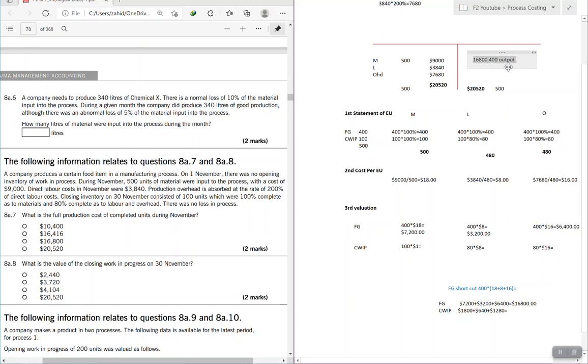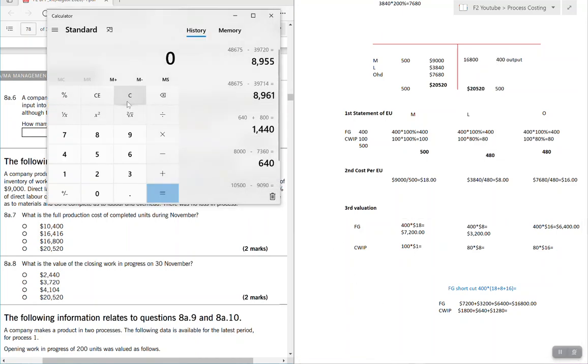So that means remaining would be the value of closing work in progress. Which is, let's see, we have 100 multiplied by 18, multiplied by 8, multiplied by 16, $37.20.